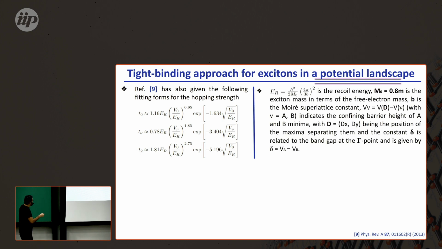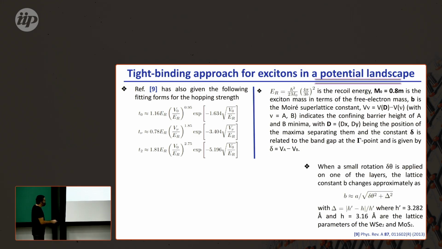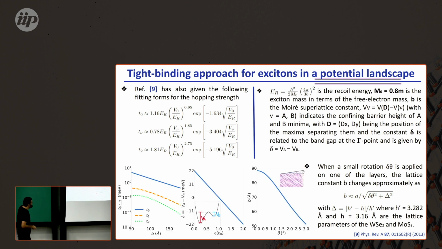As you can see, it depends on this ER that, in turn, depends on B, and B is the Moire supercell constant. If you increase the twist angle, you decrease the Moire supercell constant, and by decreasing that, you increase this energy. So I want to say that if you change theta, we change B, we change the energy, and at the end you change the hopping.